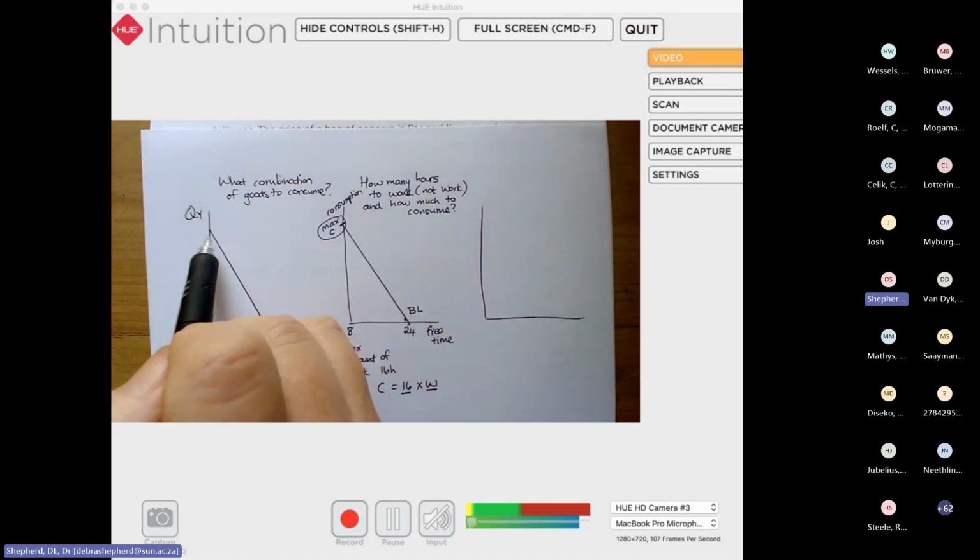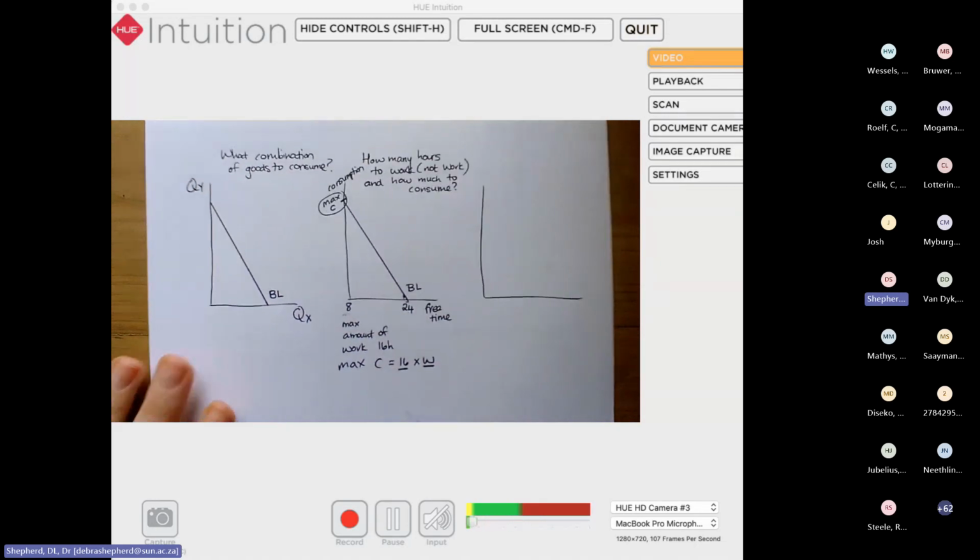Okay. In this example here, we tell you that you have some budget, some income, and you have to divide this income between these 2 goods.